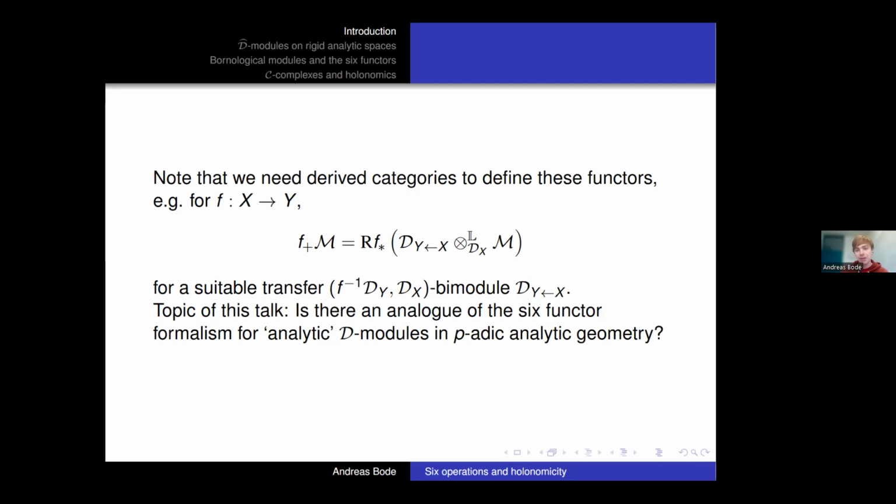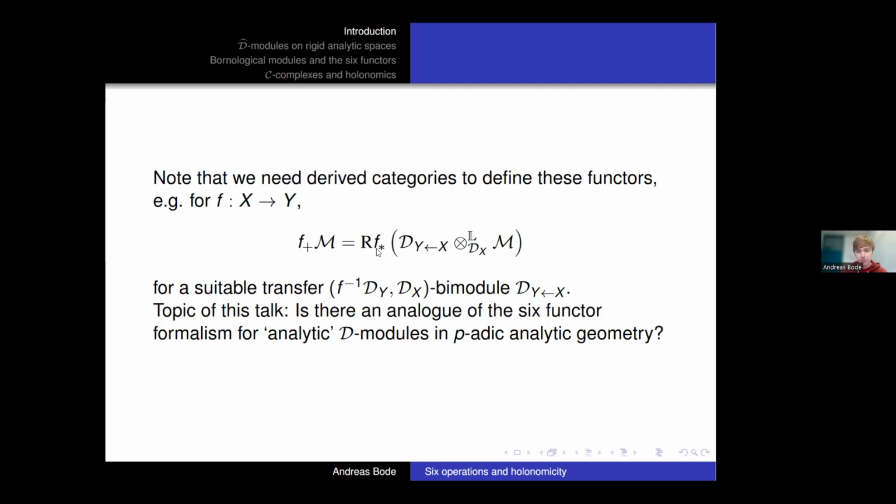The sheaf theoretic direct image would give me something that is indeed an O_Y module, but the thing I want to get out is an O_Y module with an action of the tangent sheaf, right? So I need to impose some extra structure. So here, the thing that I do is that I first tensor up with a suitable bimodule, and then this carries a module structure over f inverse D_Y, and then I push this forward to produce a D_Y module.